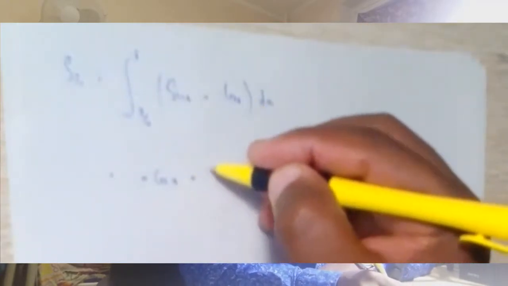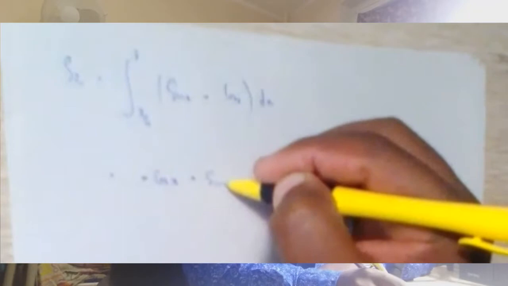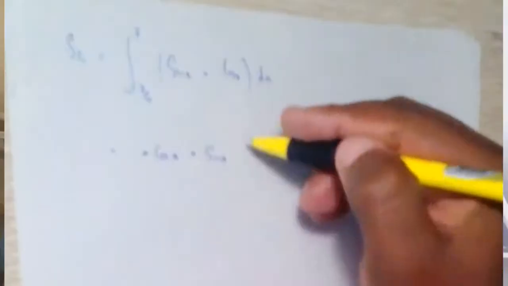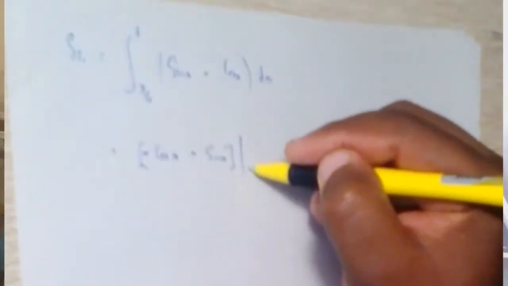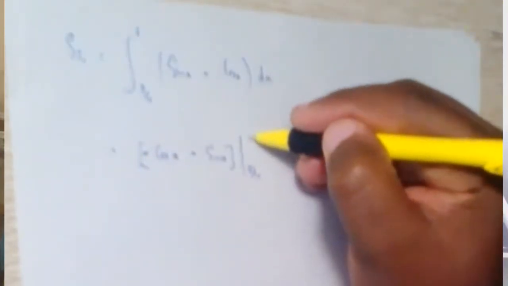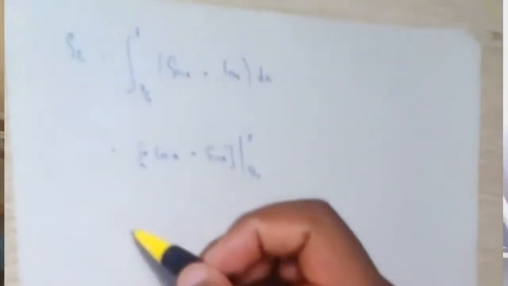The integral of sine x gives us negative cos x, and the integral of cos x gives us a positive sine x, but because we have a negative in the expression, it remains negative. So we put our limits from pi divided by 4 up to pi.